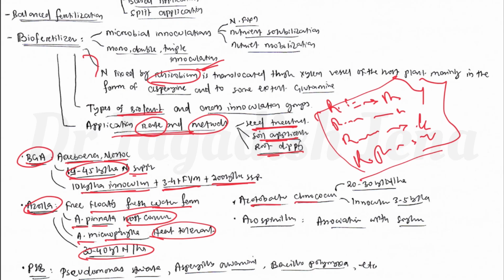Then Azotobacter chroococcum, a free living bacteria. It provides 20 to 30 kg nitrogen per hectare. Azospirillum is an associative bacteria, associated with the Poaceae family. It is also capable of fixing atmospheric nitrogen.